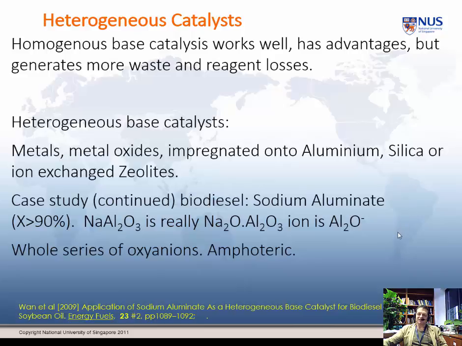Gives you a 90% conversion, and aluminate is really the amphoteric oxyanion AlO2-. So we'll deal with the detail of that later. But let's now look at another similar idea where typically we're trying to use base catalysts in a heterogeneous context.